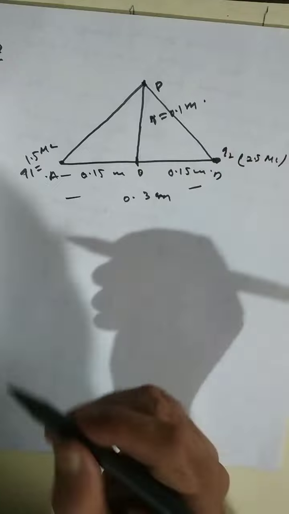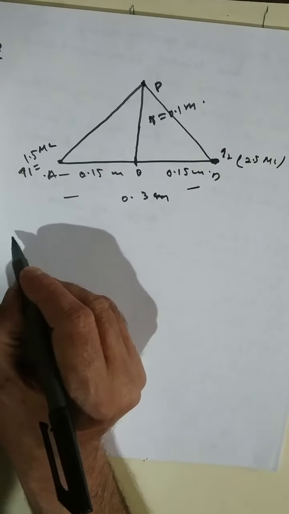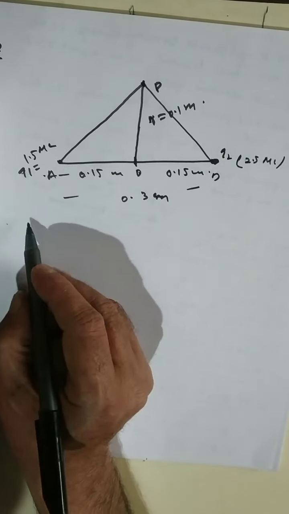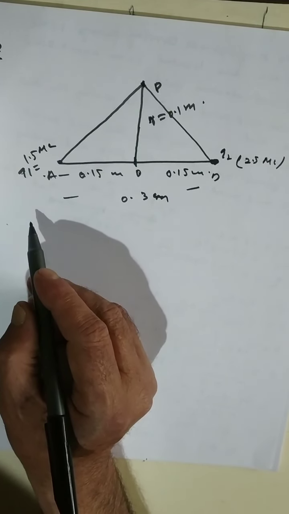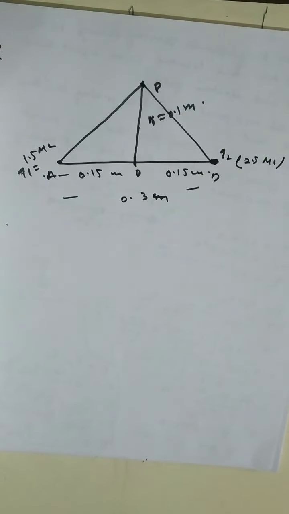Okay, so now potential at P due to these. So first of all let us calculate what is PB and what is PA.